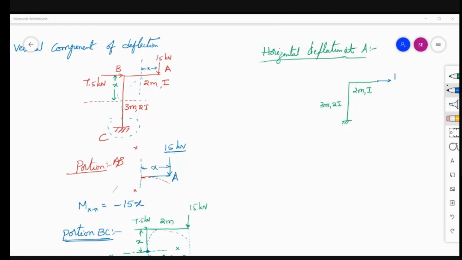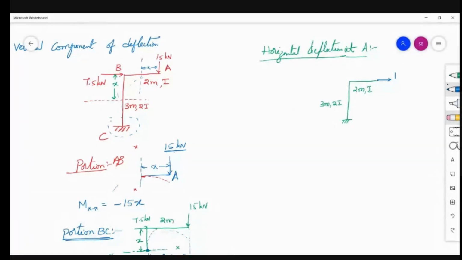So apply the unit load horizontally to get the horizontal deflection. Simple concept. We are assuming that horizontal deflection will happen in this direction.